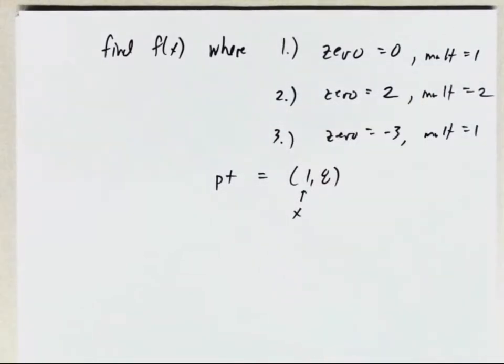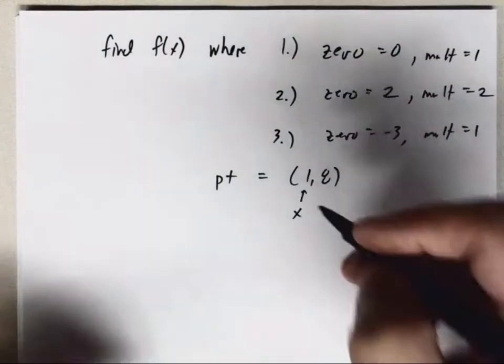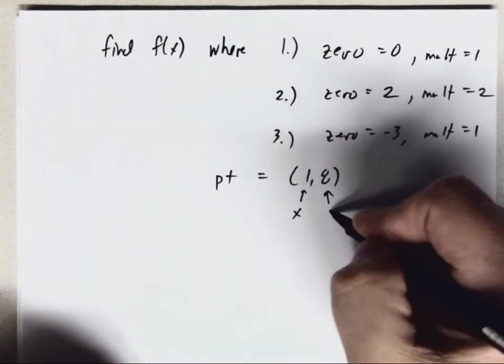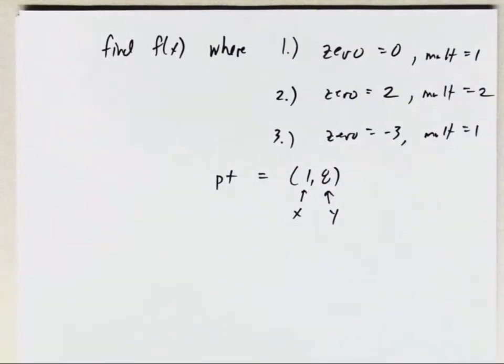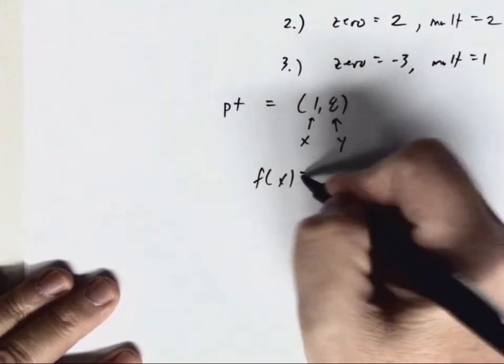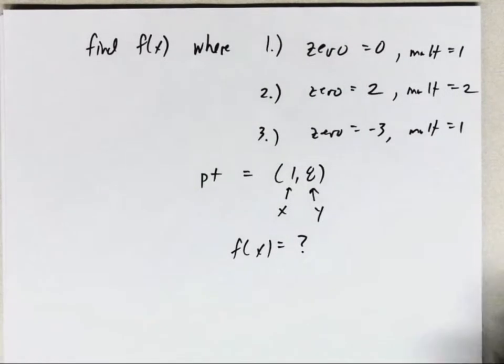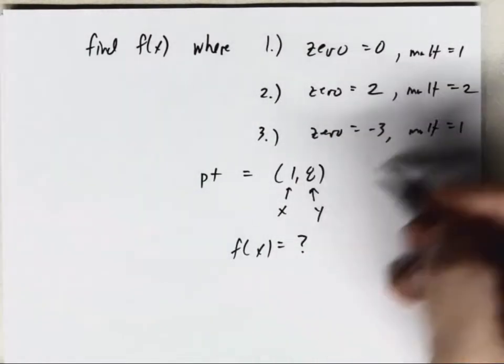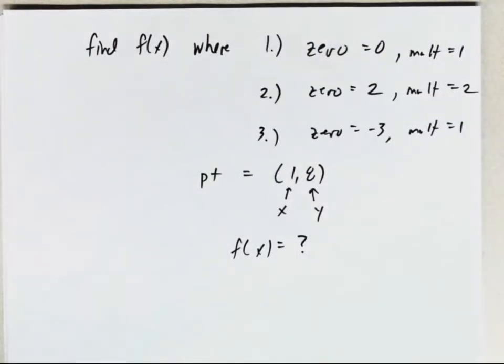When we figure out our function, if we plug in 1 for x, then the y, or the f of x, should be 8. So they give us a point, a solution to our equation or function. So based upon all this, they're saying come up with the function or the equation where all these things are true.